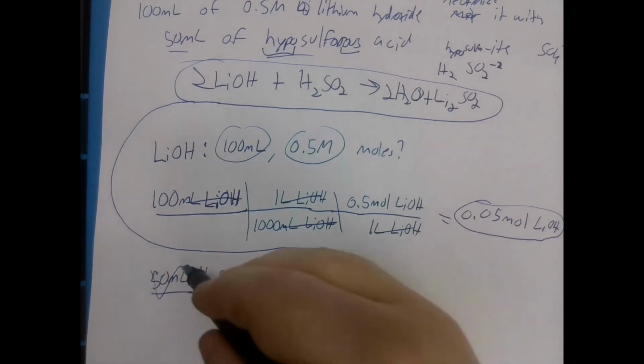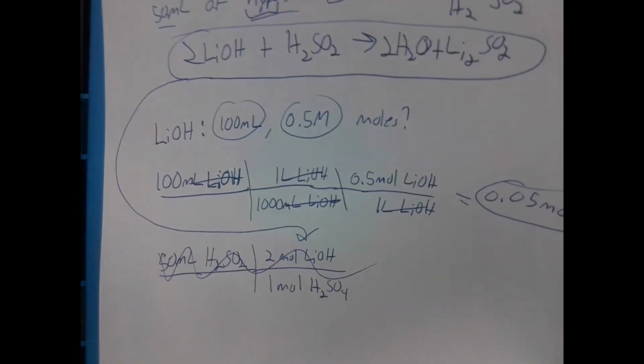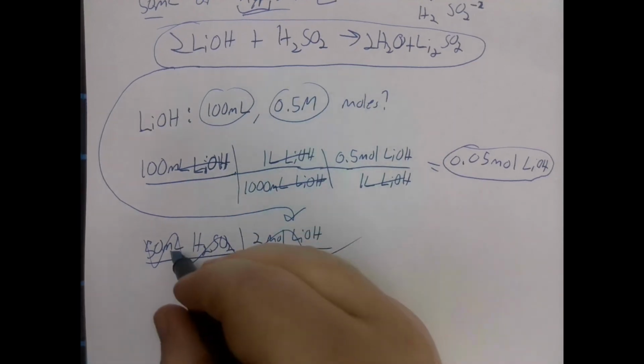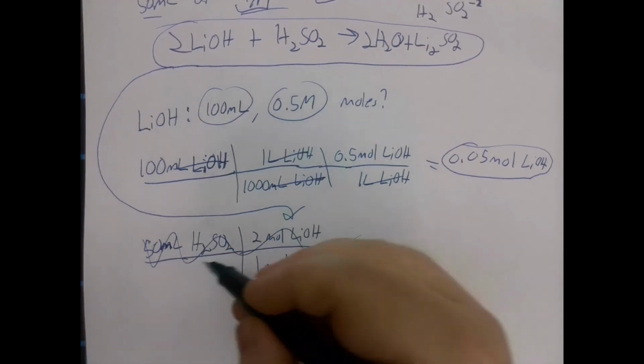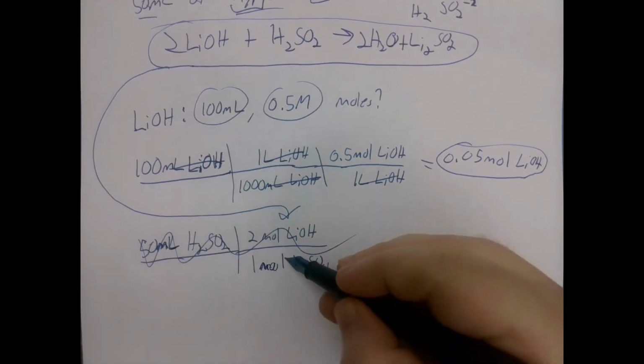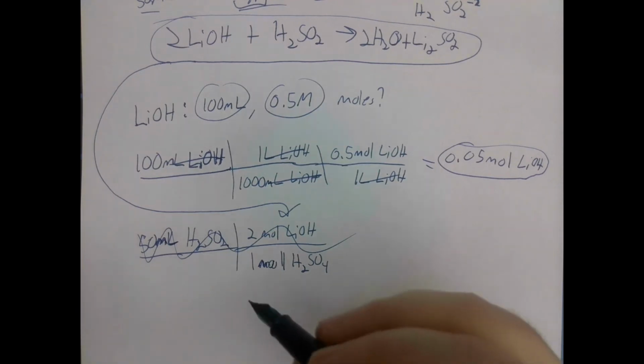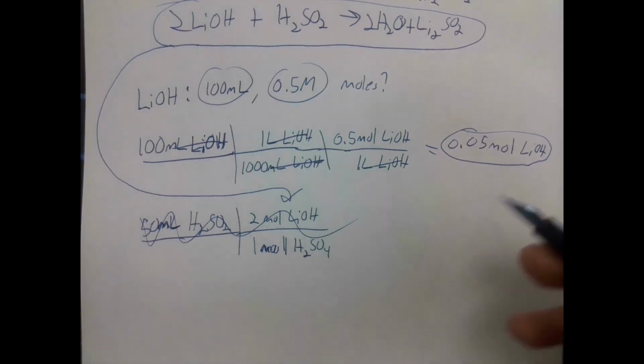Which this does nothing for me. I can't cancel it. Milliliters and mole H2SO2 don't cancel out. This is why dimensional analysis is very useful. If you make a mistake, it's very helpful.